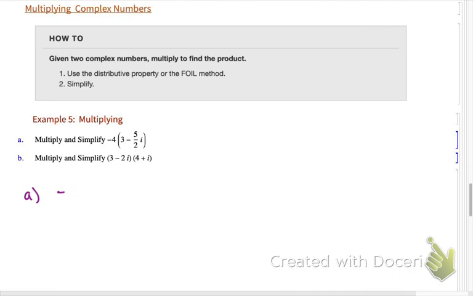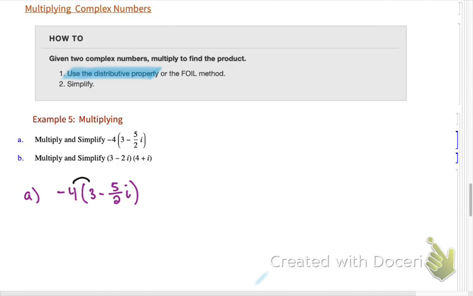Okay, so again, this is not too crazy. If I was going to take the real number negative 4 and multiply by the complex number 3 minus 5 halves i, this is the case where we are going to be using the distributive property, as you can see I have highlighted in step 1. Okay.